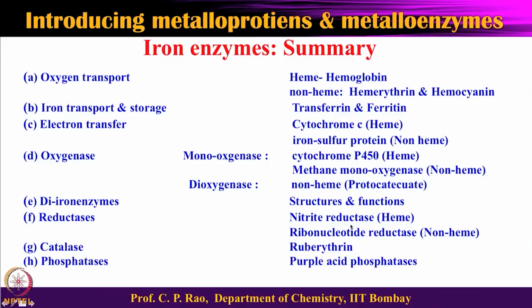Then I took up nitrite reductase with the heme, and explained the non-heme ribonucleotide reductase. Both of these are explained. I explained how the two compartments of this protein in ribonucleotide reductase are involved: though there is no substrate binding at the iron center, it binds in the other subunit. These two subunits are interfaced at the C terminus.